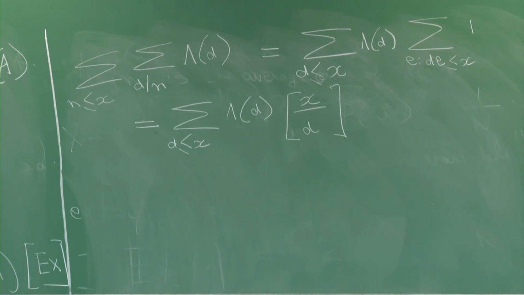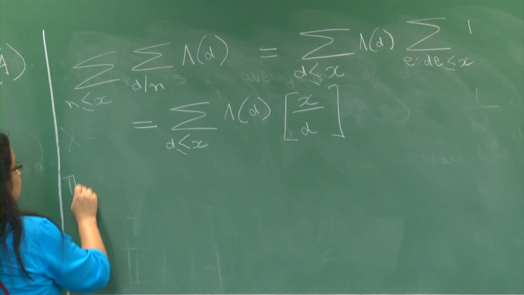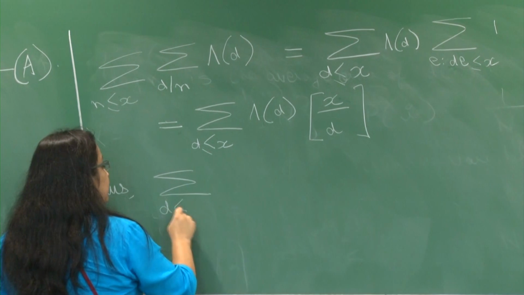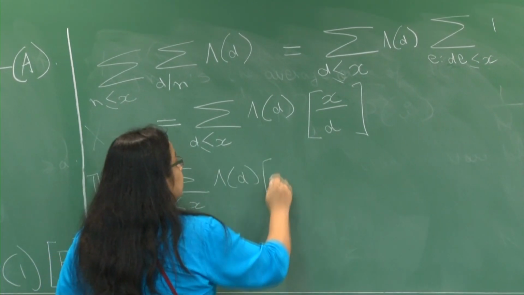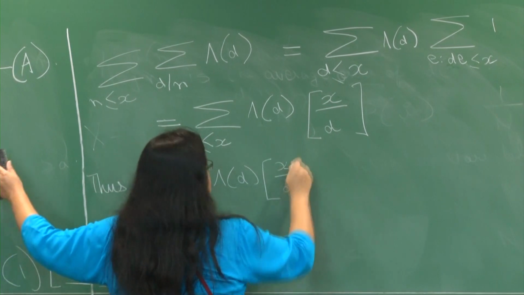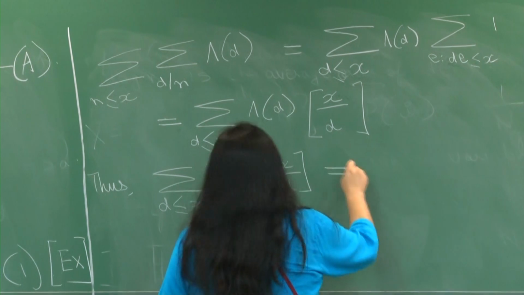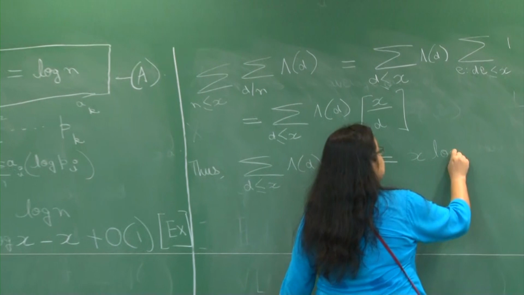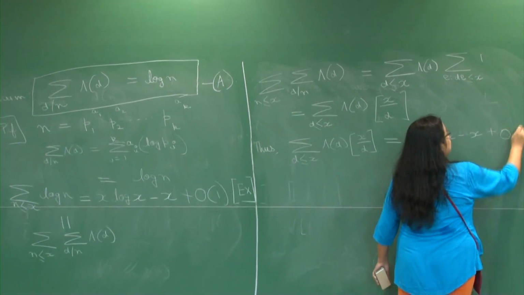So, this tells us that combining this with identity A here and the partial summation, what you end up getting is that this is equal to x log x minus x plus O of 1.